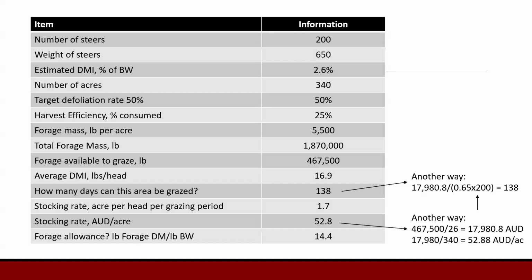Does that make sense? You can make these calculations without using animal unit days, or with animal unit days. If you do it with animal unit days, you can skip a few steps.